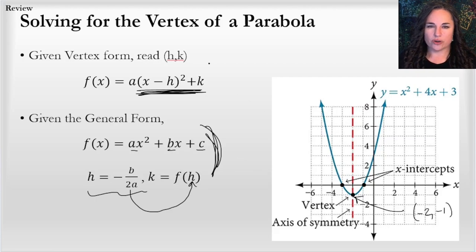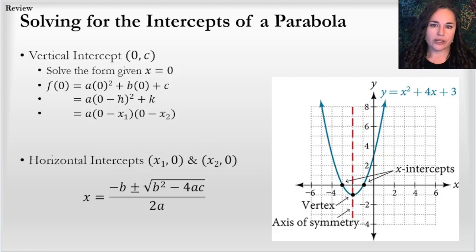I don't think there's a direct way to get the vertex from the factored form. The factored form is much more interesting in terms of intercepts rather than the vertex. I can solve for intercepts, so I covered this before. We're going to find the vertical intercept where it crosses the y-axis. You can see on this example, it's 0 comma 3, right?